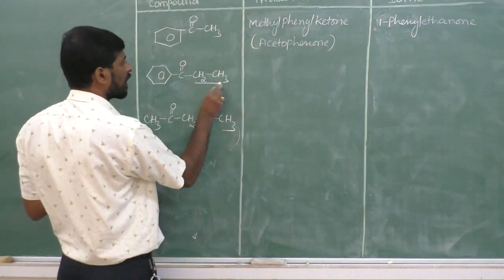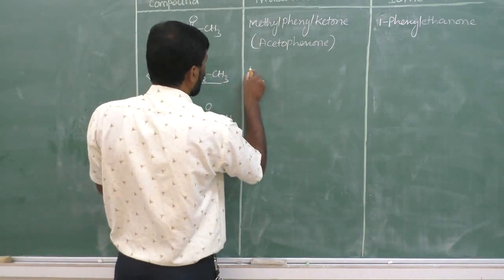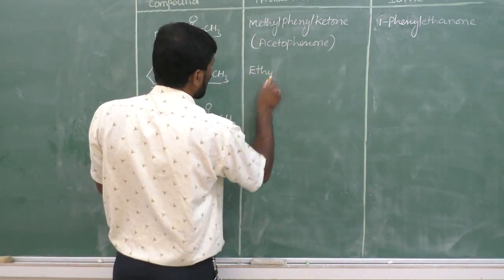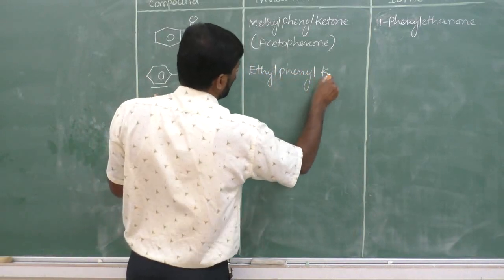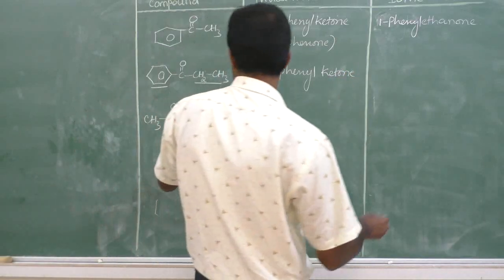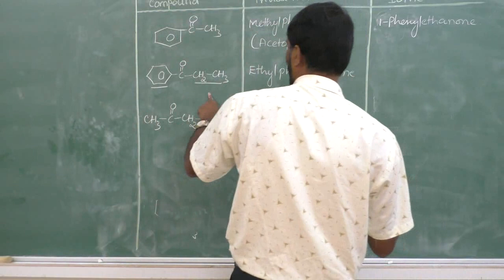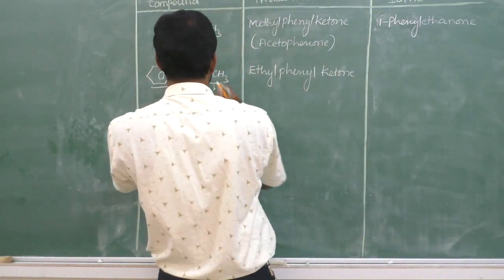Next, come to this. This is an ethyl group, this is a phenyl group. Therefore, it is ethyl phenyl ketone. What is the IUPAC name? It is 1, 2, 3.